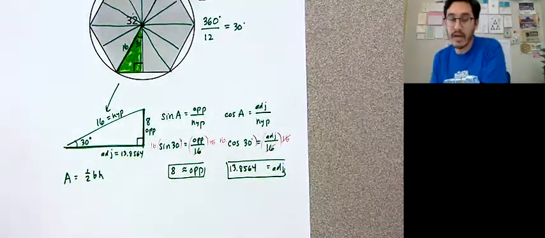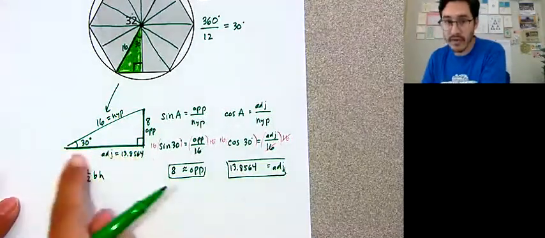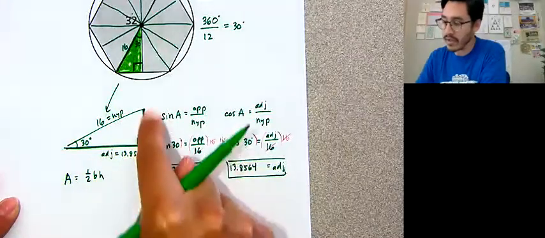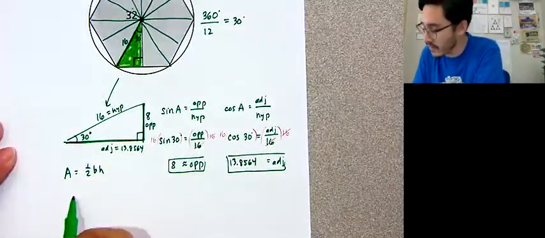13.8564. So for this right triangle, we now know the length of the base and the length of the side or the height. And so we can calculate the area of this triangle.